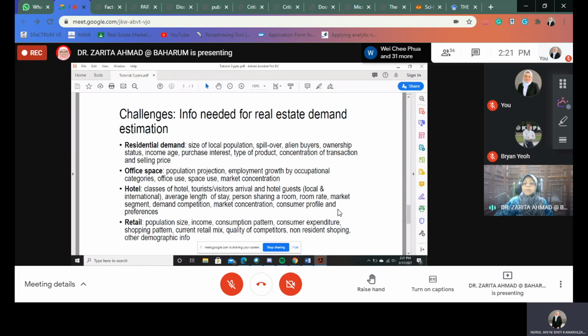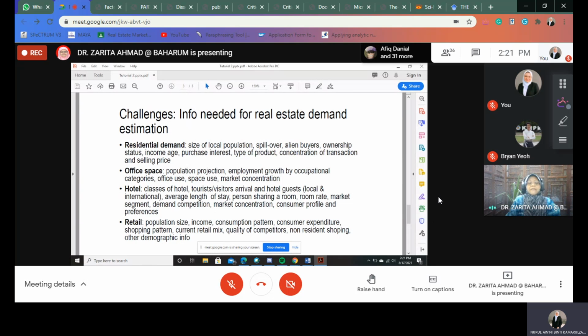People that buy property but their name is not in the sale and purchase agreement. Somebody else's names are there. Or you're talking about the ownership status: leasehold, freehold, or are you just renting there?